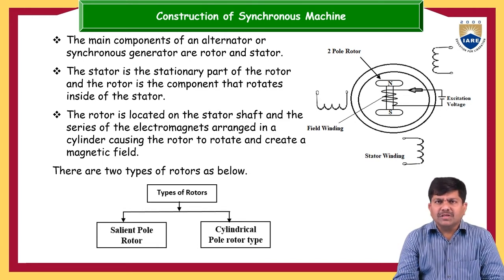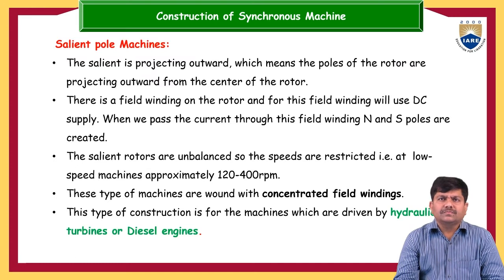Based on the types of rotors, these alternators or synchronous generators are classified into two types. One is the salient pole alternator, and the next is the cylindrical pole or non-salient pole alternator.